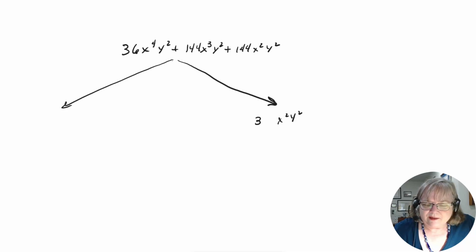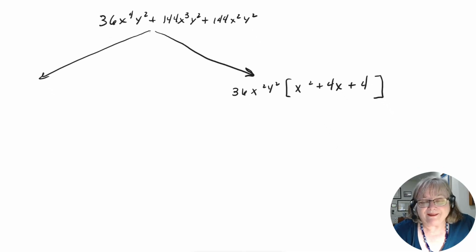So I could factor out a 36x squared y squared, and that would leave me x squared plus 4x plus 4, which is, hey, kind of like that one, right? Now, I don't want to forget this one, so I'm going to draw a little arrow. And I go, maybe this is a binomial square.